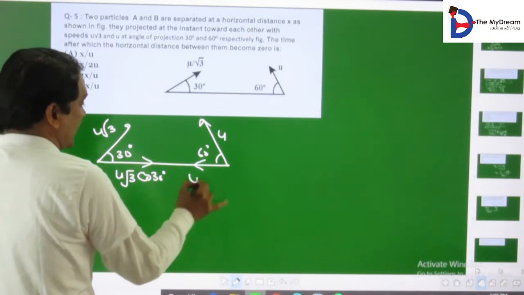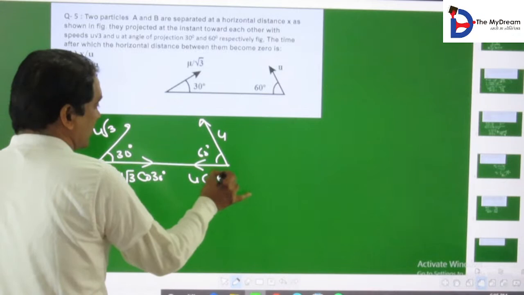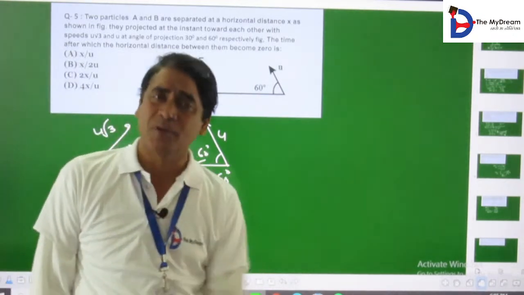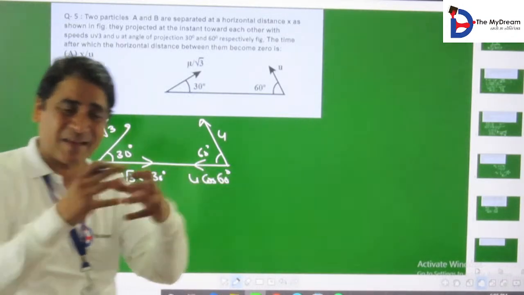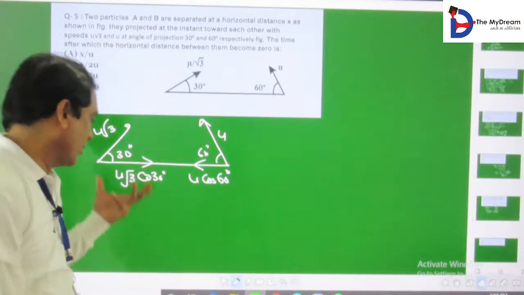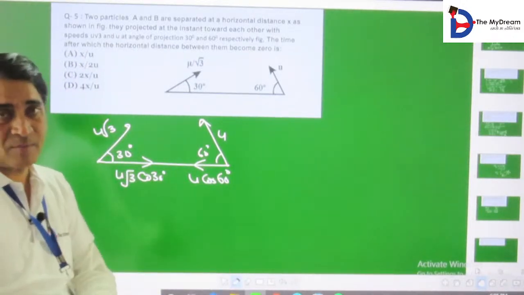And what is this one giving? u cos 60. When we are talking about relative motion, when the two objects are moving towards each other, the velocity of one is positive and the other negative, and the difference of these becomes positive.